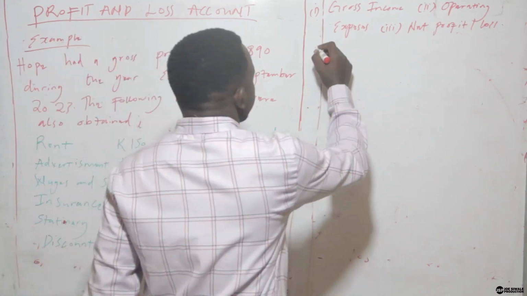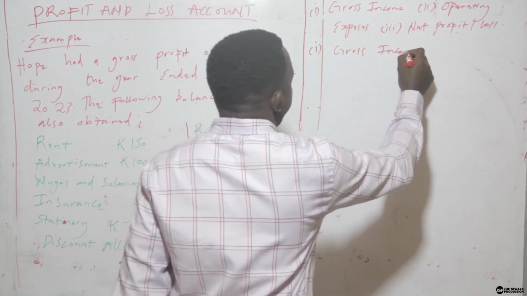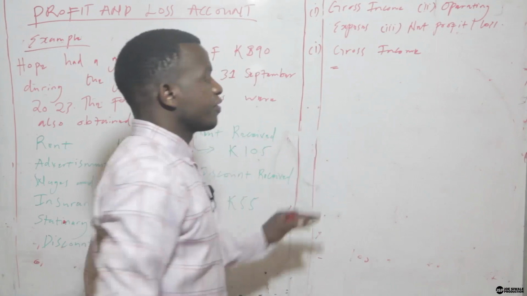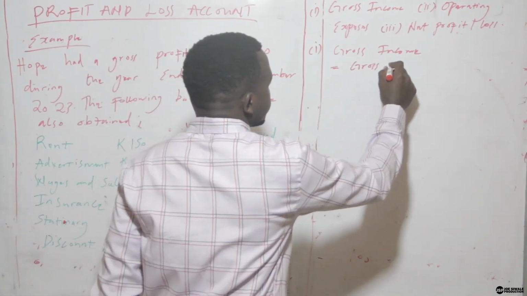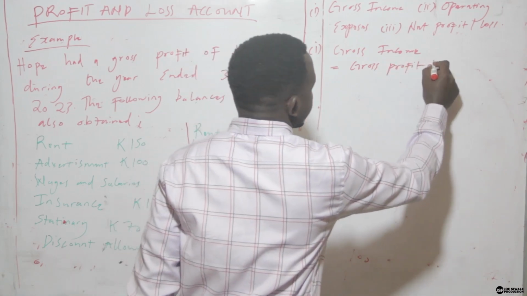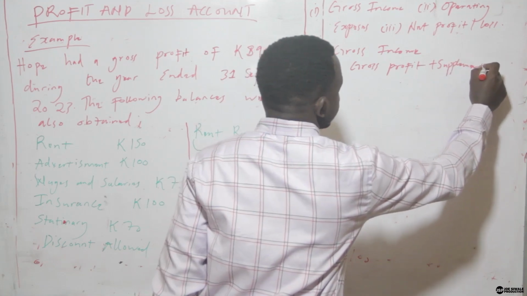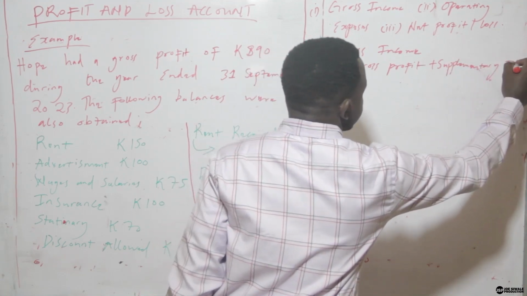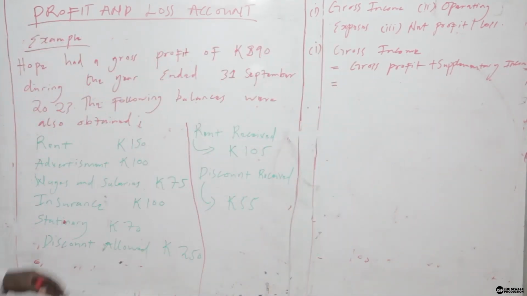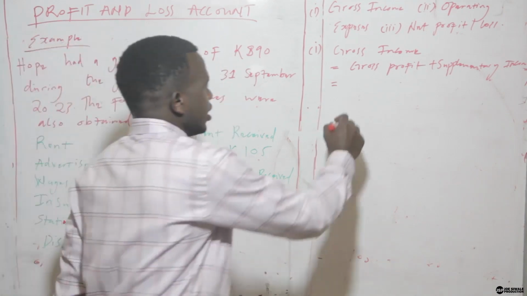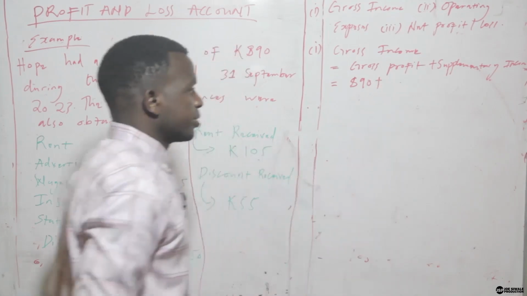We are going to start with our first question, which is gross income. The formula for gross income is gross profit plus supplementary income. Our gross profit is given as 890. Then plus our supplementary income.